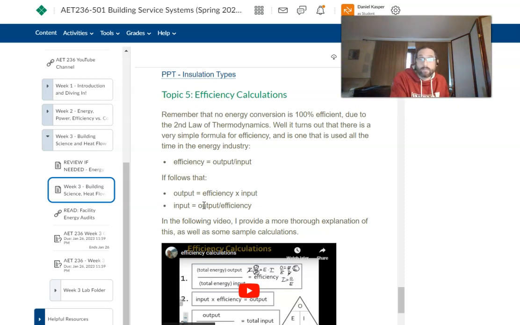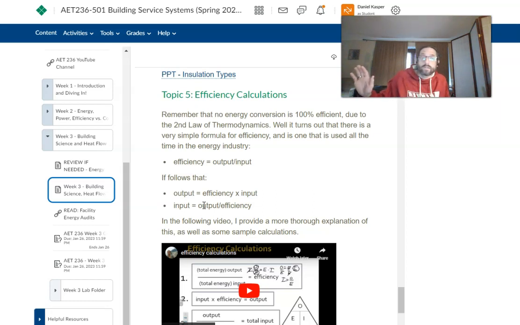So in my case, I actually have a natural gas furnace that's relatively high efficiency. Well, the problem is that it's impossible to have a 100% efficient furnace. So you always lose energy when you convert it from one form to another, and that's the second law of thermodynamics.